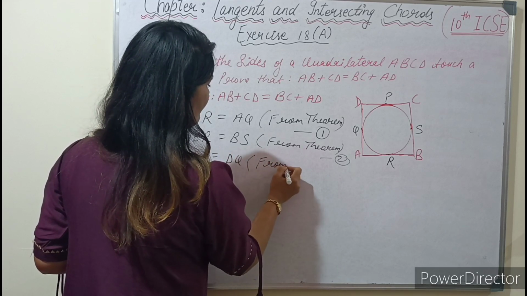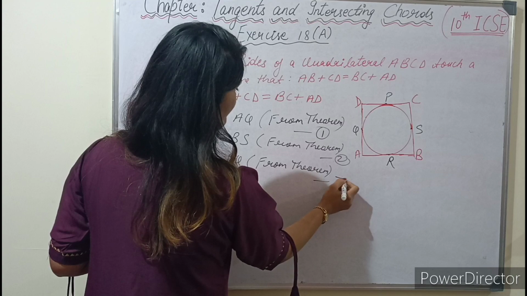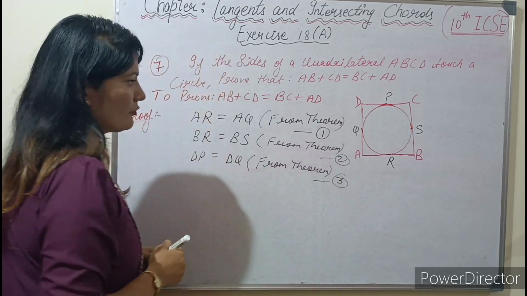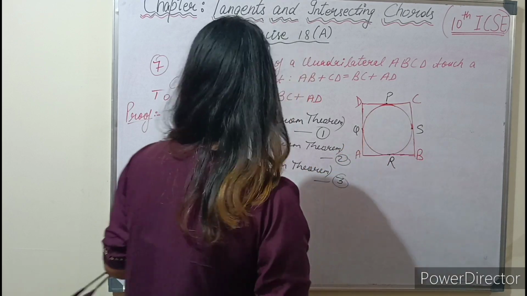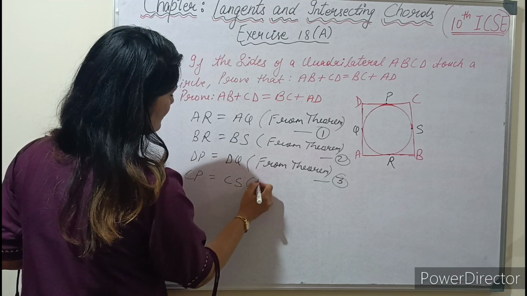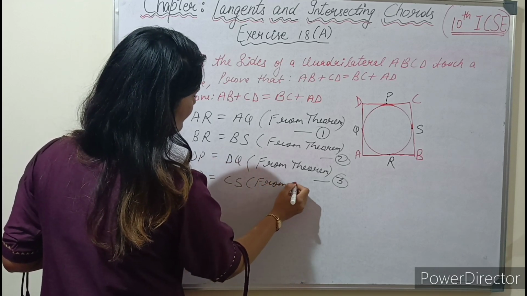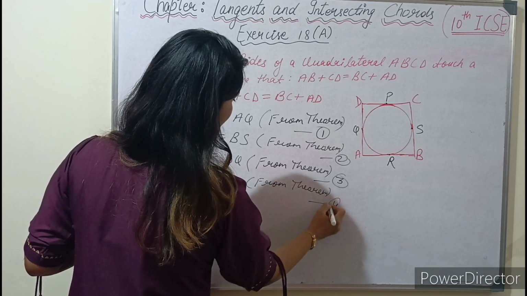This is equation 3, and in a similar way I can write that CP is equal to CS. This is again from theorem. So now this will be your equation 4.